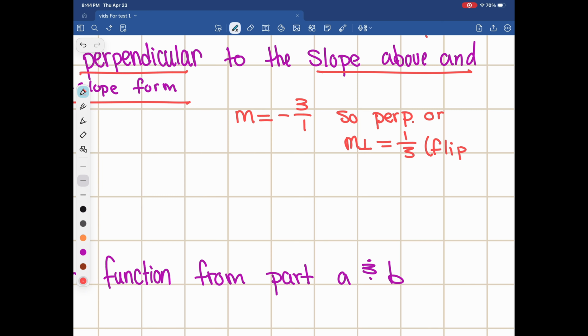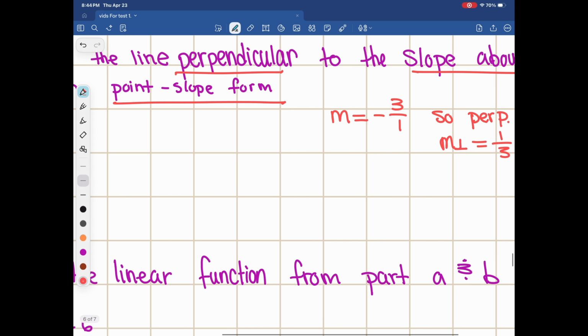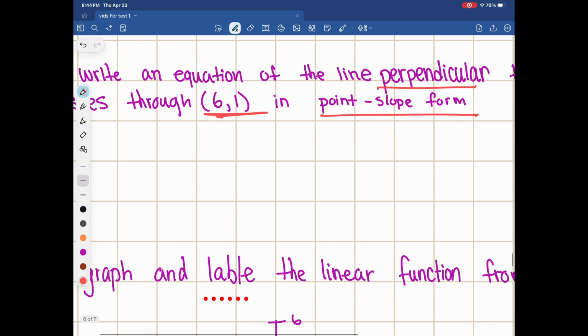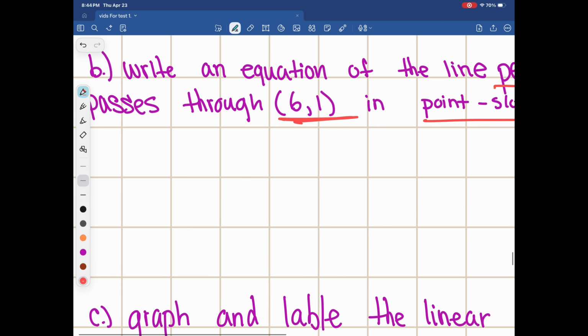And that's going to be the slope of our perpendicular line. Now, let's use our point slope form and the information that we have to figure this out.